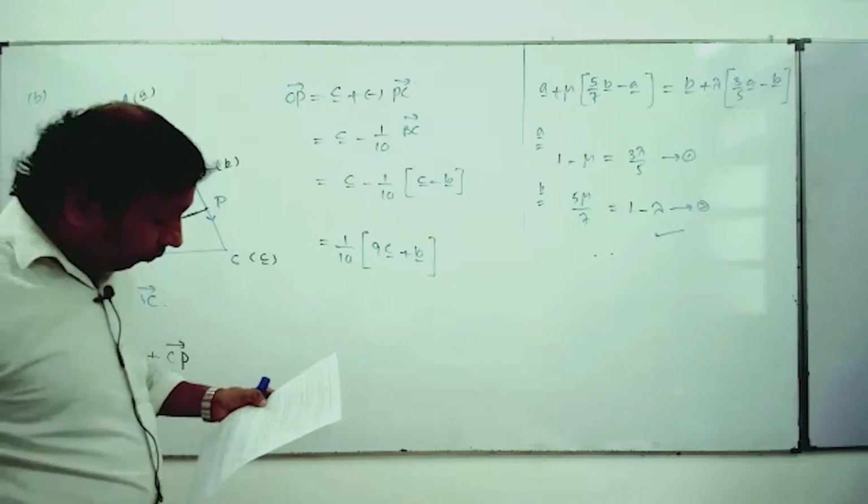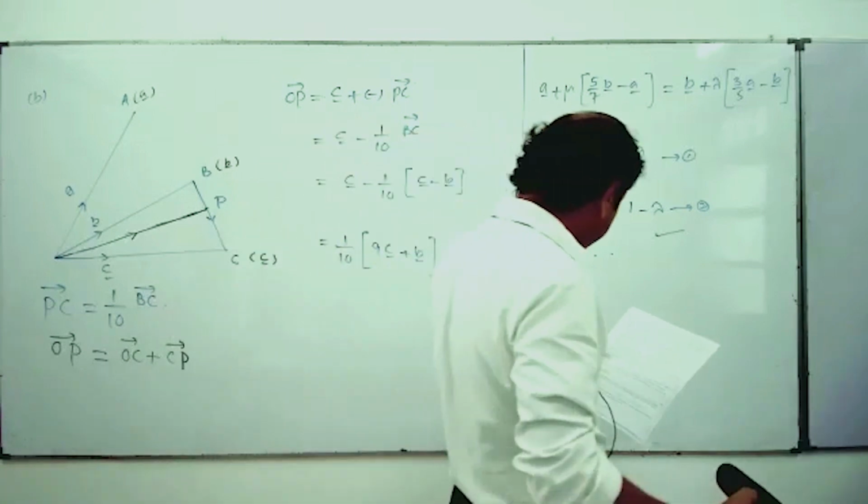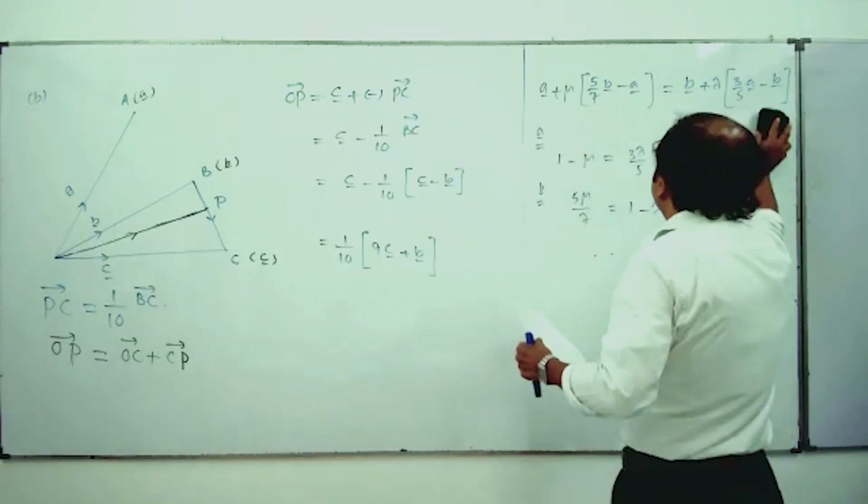Part 2. If it is given that AP and BC are perpendicular.